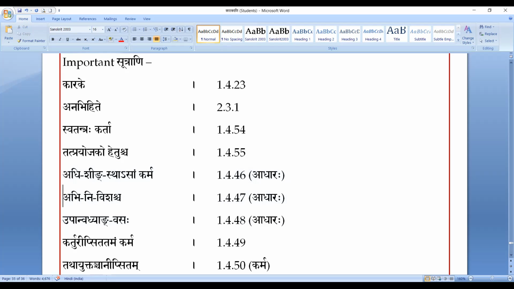Similarly, Abhinivishascha, the Adhara, the place, would be deemed to be Karma, therefore it will go to Dvitiya Vibhakti.